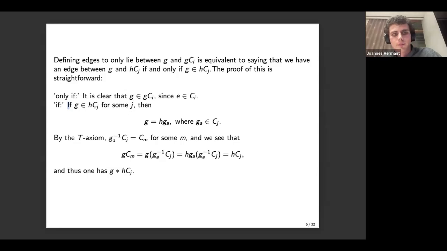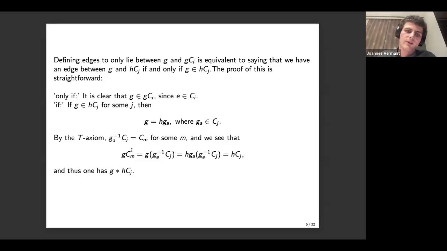By assumption, we can write our g as h times Ga, where Ga is an element of Cj. And then by this T axiom, we know that Ga inverse times Cj is equal to some cell Cm.